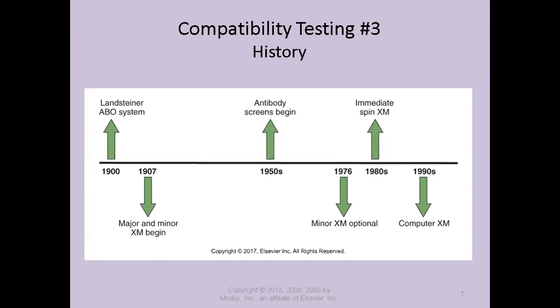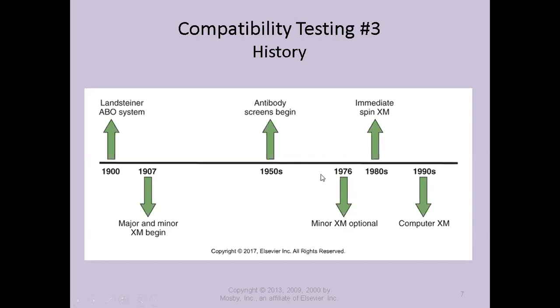If somebody just needed red cells, why are we giving them all this plasma from a donor? It could put strain on someone's circulatory system, their heart and lungs. And so the thinking evolved to just give the specific type of component that a person needed. And so this minor cross-match sort of fell by the wayside, so to speak.